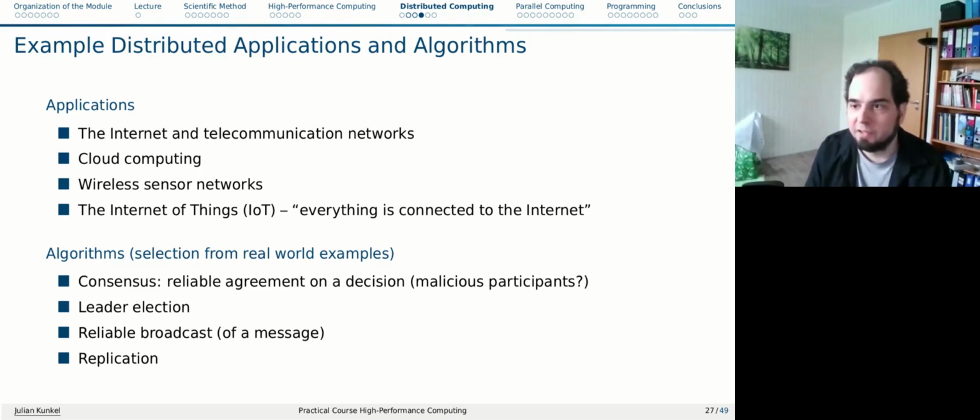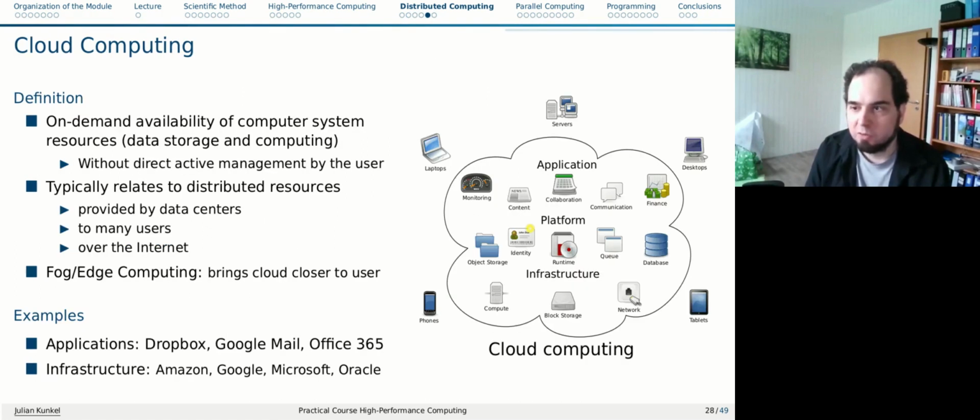So there are a lot of distributed applications and algorithms that I could go through. But like the internet and telecommunication network is a great example. Internet of Things, there are a lot of different algorithms on that side over here, but I'm not going through them.